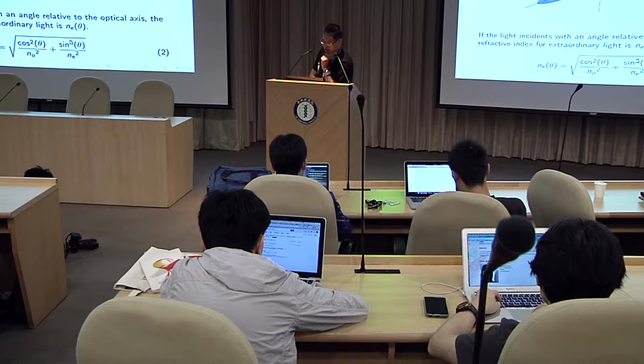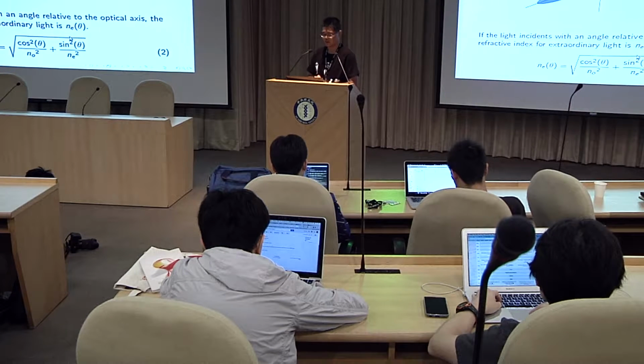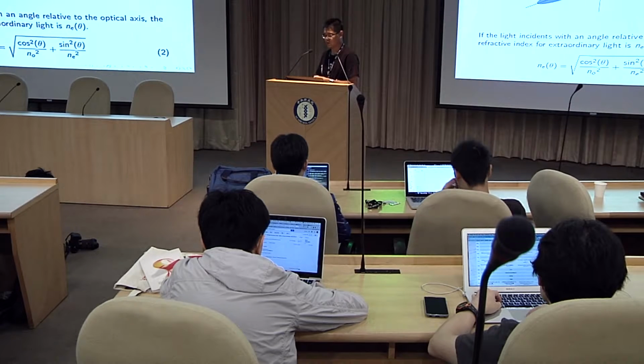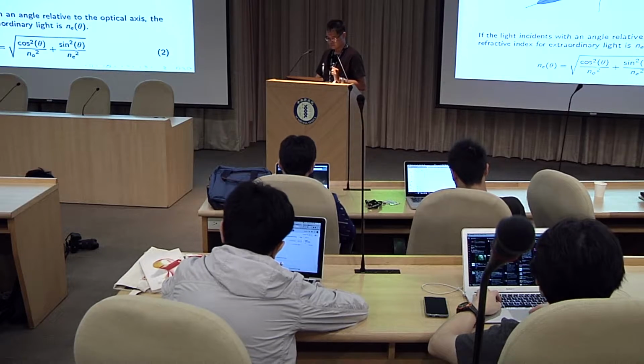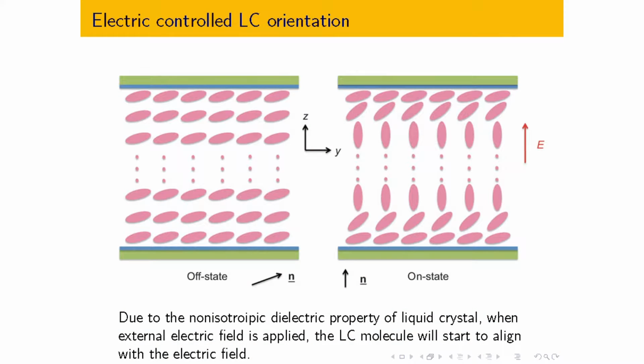And you can modify the refractive index by changing the direction of the incident light, or by changing the direction of the liquid crystal. And we know that the direction of the liquid crystal can be changed through an electric field, because if you are not applying any electric field to this liquid crystal layer, the liquid crystal will orient in the same direction.